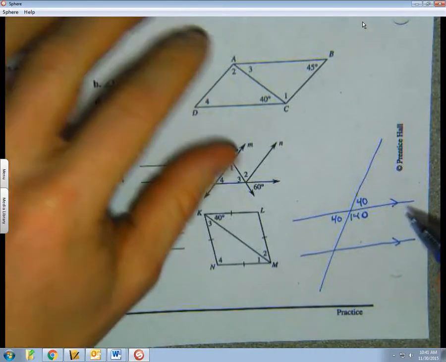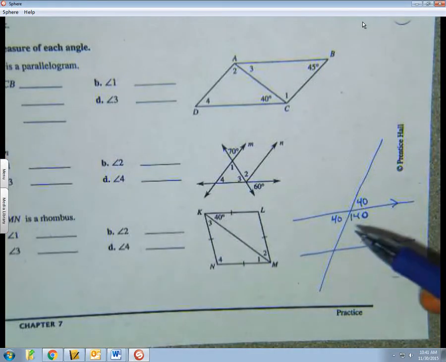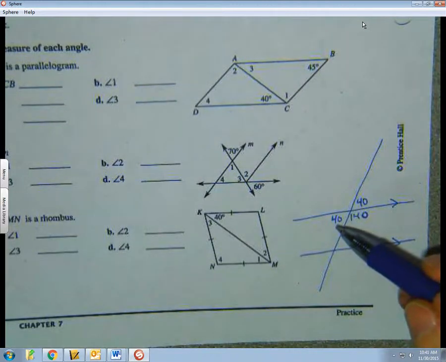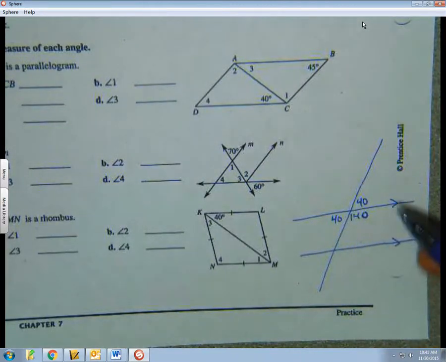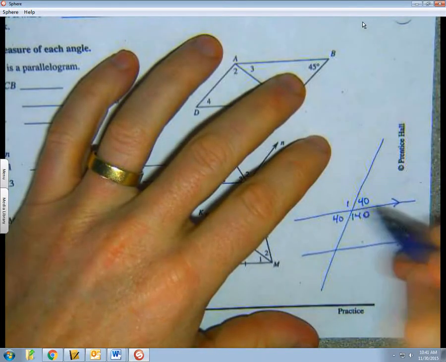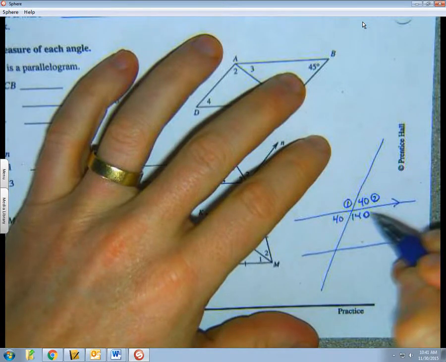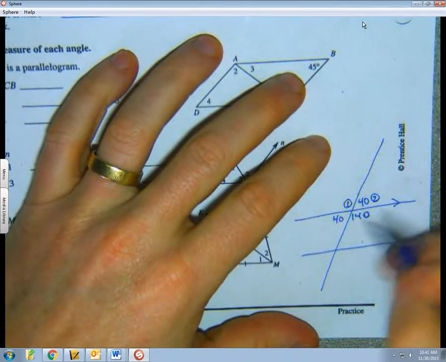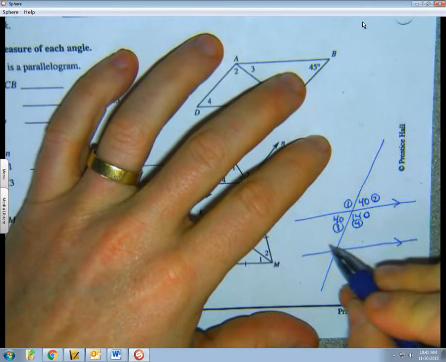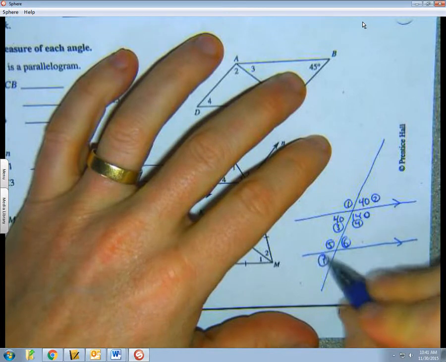And I just said like this angle and this angle, and that's not specific enough for me. That can be a little confusing. So let's give this some order and label some things. I'm going to call this angle 1. This is angle 2. I'm just going to circle them to differentiate them from the degrees: 1, 2, 3, 4, 5, 6, 7, and 8.